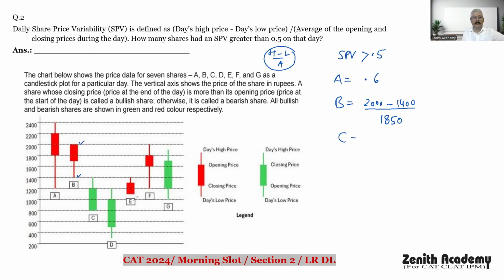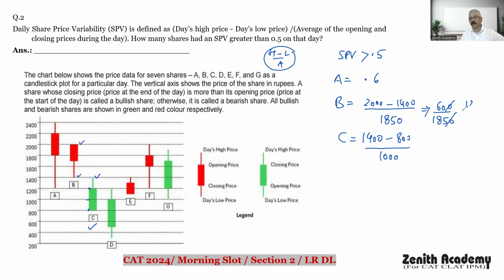Now C. For C, high minus low. High is 1400, the low is 800. Average will be the mid, 1000. Okay, let's calculate this.